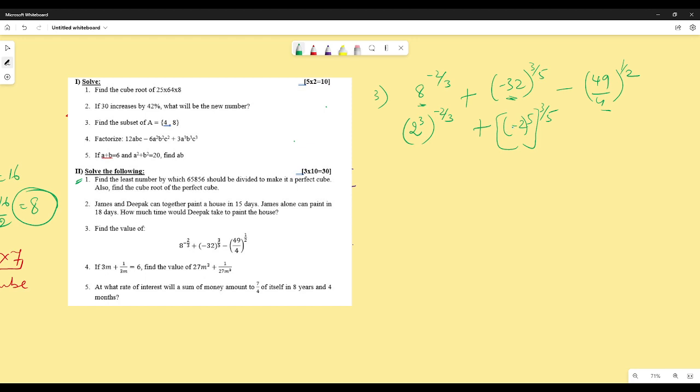Now remember, this minus is inside the bracket because this entire thing, minus 32, I have converted into the exponential form. This 5 is an odd power, that's why this minus sign remains the same. Now this 49 by 4 can be written as 7 by 2 to the power of 2, right? And then for the entire thing we have the power of 1 by 2.